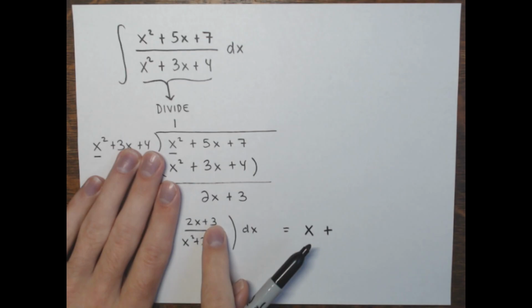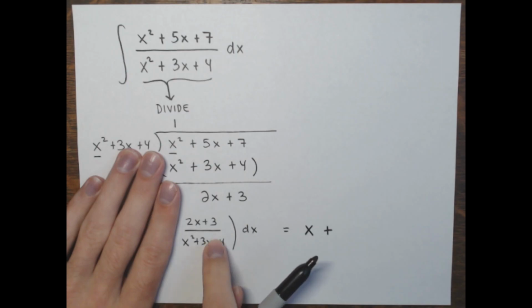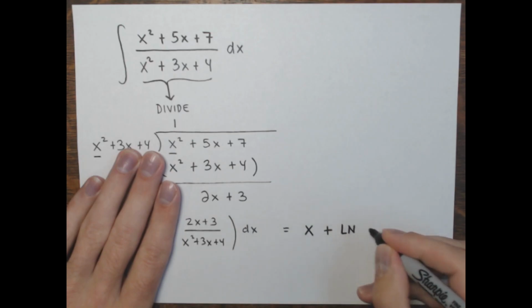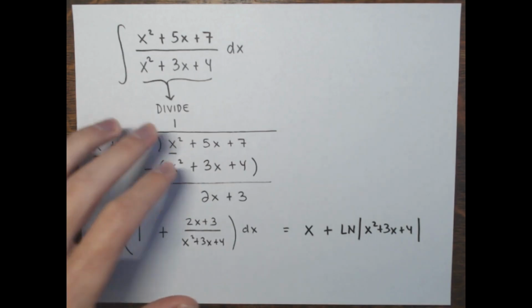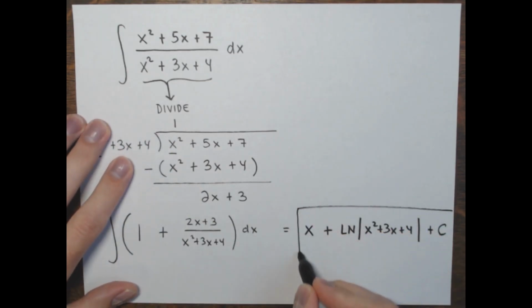So this is just like the previous example. And if you have an expression where the derivative of the denominator is the numerator, then it's just the natural log of the denominator. So that integral is the natural log of the absolute value of x squared plus 3x plus 4. Okay, and then of course plus any constant, and we have it.